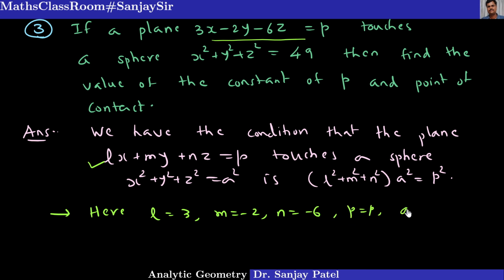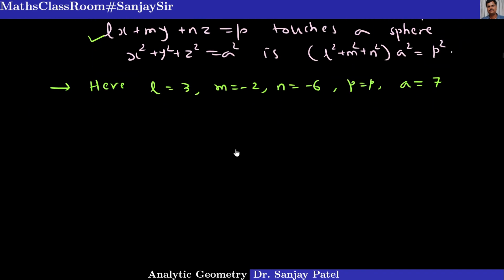And the value of a, that radius, is 7 because this is 49. Okay, so putting these values in this condition, we get (3 square plus minus 2 square plus minus 6 square) into a square, a is 7 square, is equal to p square.